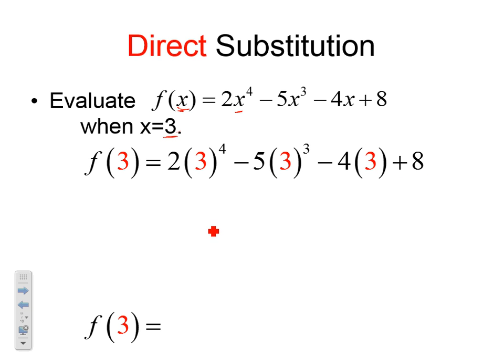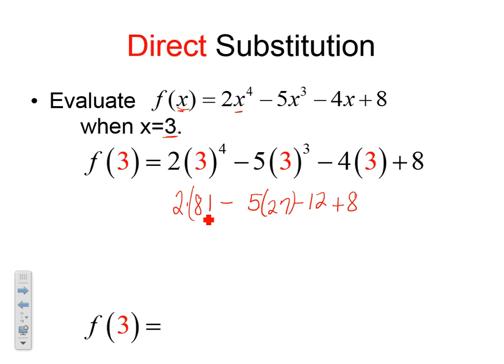Now, what you're going to do is you're going to take your handy dandy calculator out and you're going to figure this all out. So you're going to take 3 to the 4th because we do exponents first, PEMDAS. So 3 to the 4th is 81. So 2 times 81 minus 5 times 3 to the 3rd power is 27 minus 12 plus 8.